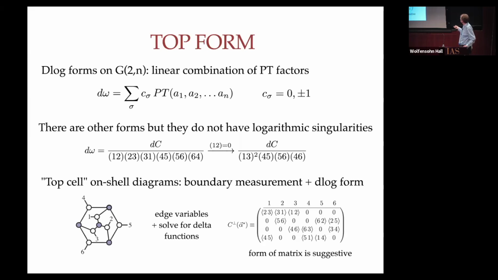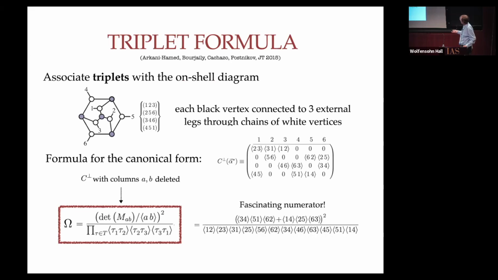And from the form of the C matrix, how the solution looks, you can see that there are pairs or triplets of different labels in each of the rows, suggesting a new, simplified formula, a faster way to calculate this form, which was in this paper we wrote several years ago. And it's based on the method of triplets.